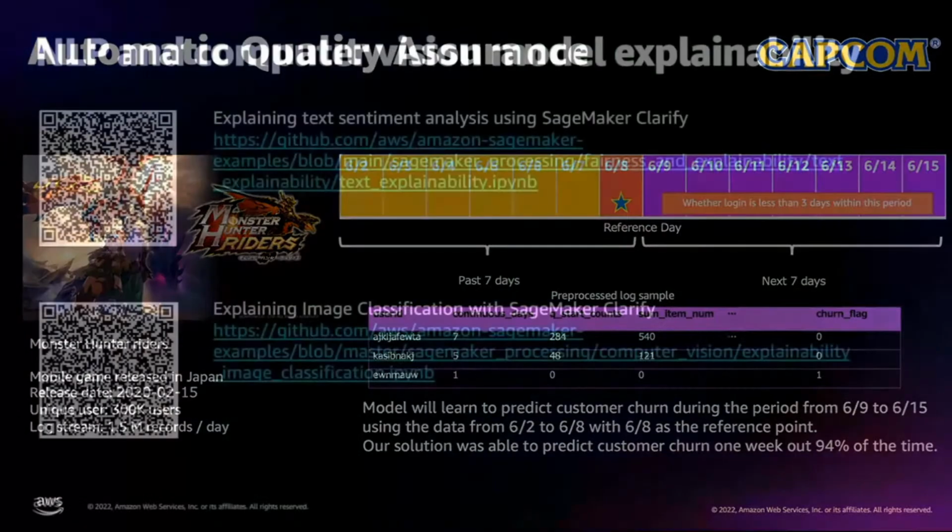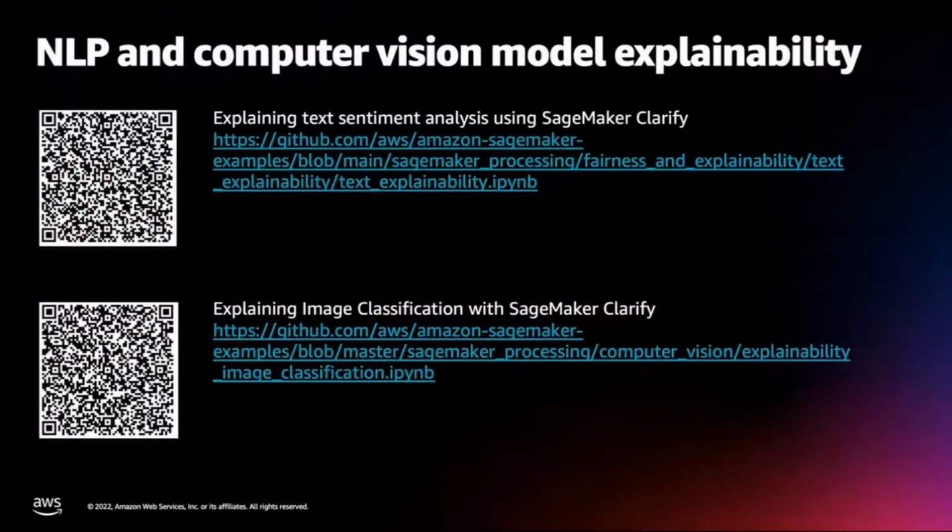All right, so we talked about explainability based on tabular data, which means numeric and categorical data as input features. But what about other modalities, right? Text and images.